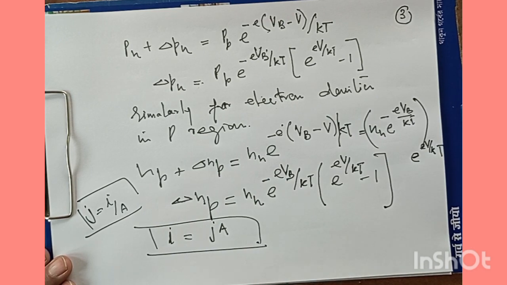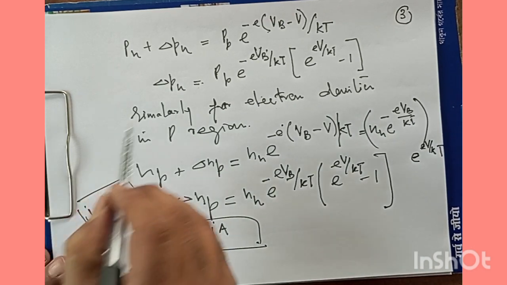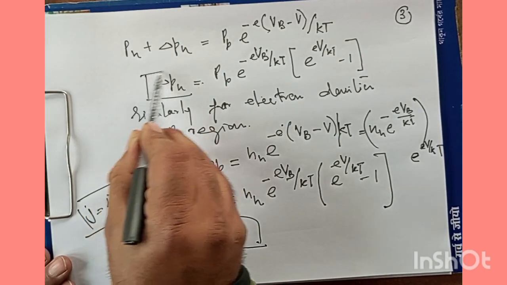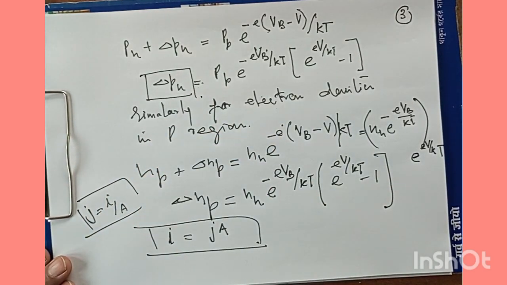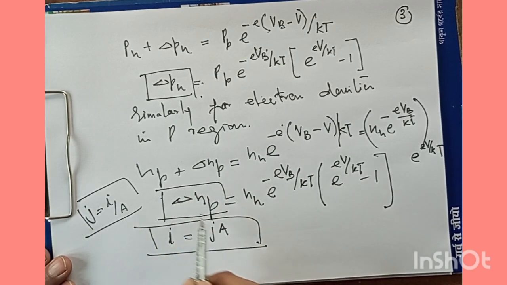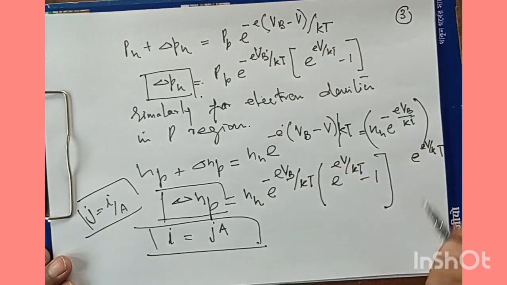The same equation we will be using, but instead of the number density of holes and electrons, we will be using delta Np and delta Pn. So these equations will be marked there.